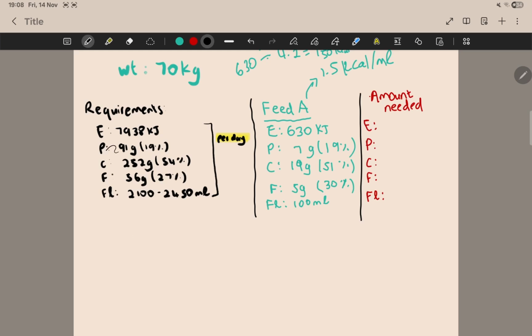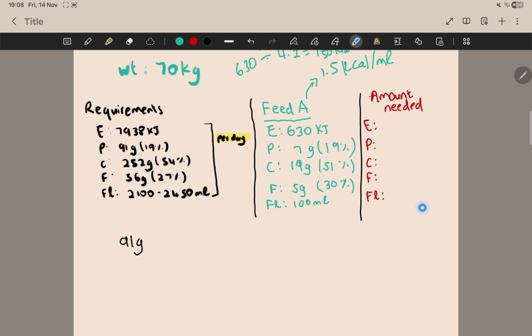You simply take your requirements, which is 91 grams. The values I've given in brackets is the percentage of total energy. So we have 19% of protein coming from the total energy, 54% of carbohydrates coming from the total energy, 27% of fat coming from the total energy.